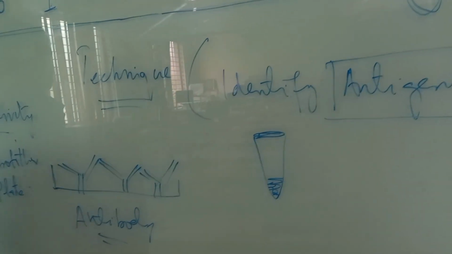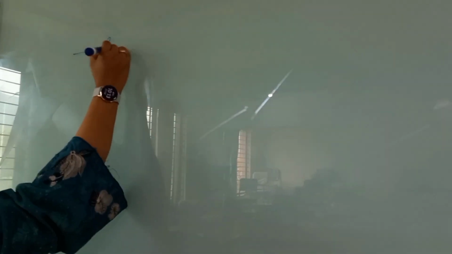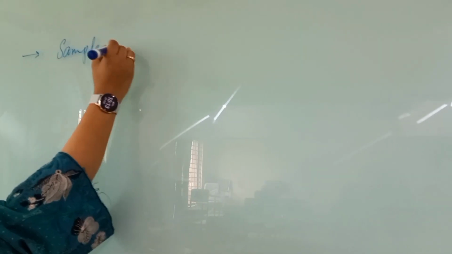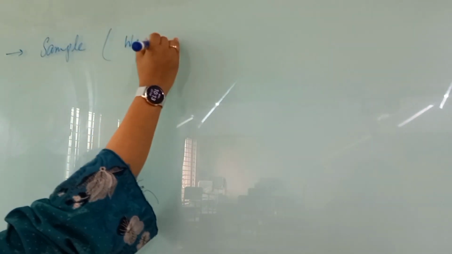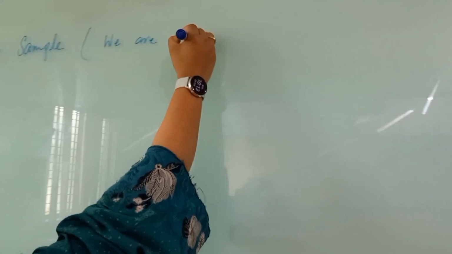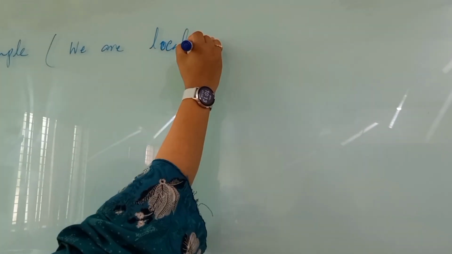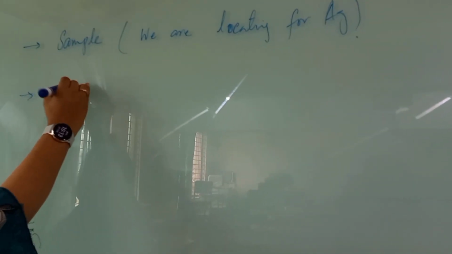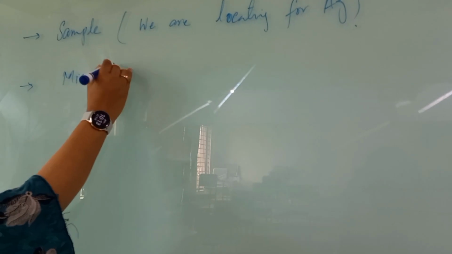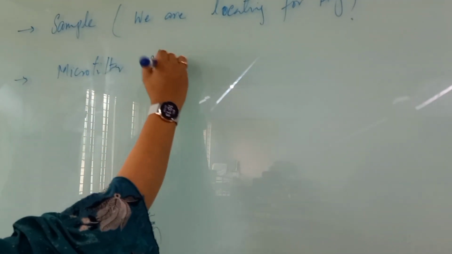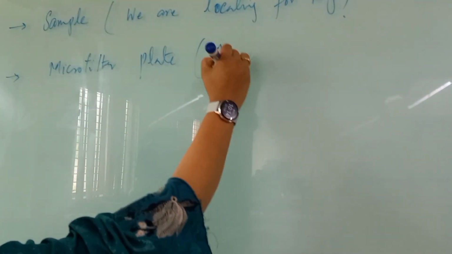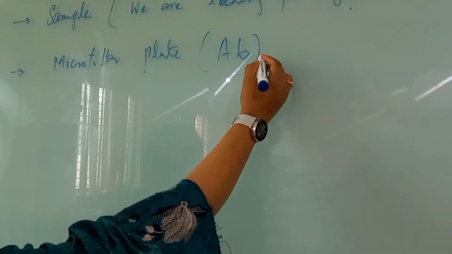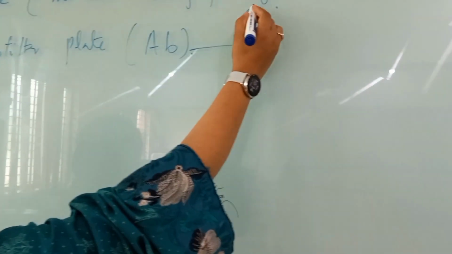So we need a sample in which we are looking for the antigen. We need a microtiter plate that contains the antibodies, and these antibodies are complementary for this antigen.